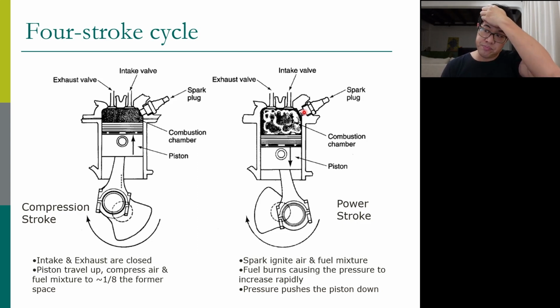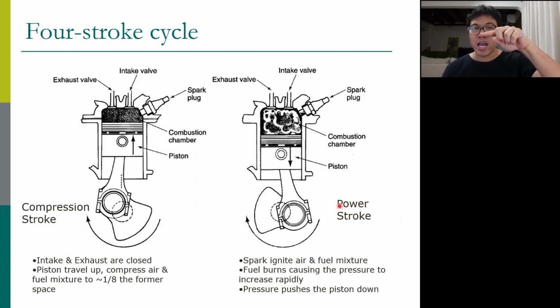After the fuel combusts, it expands and creates heat and pressure, and that pressure pushes the piston down. That's where we get power. We call that stroke the power stroke.